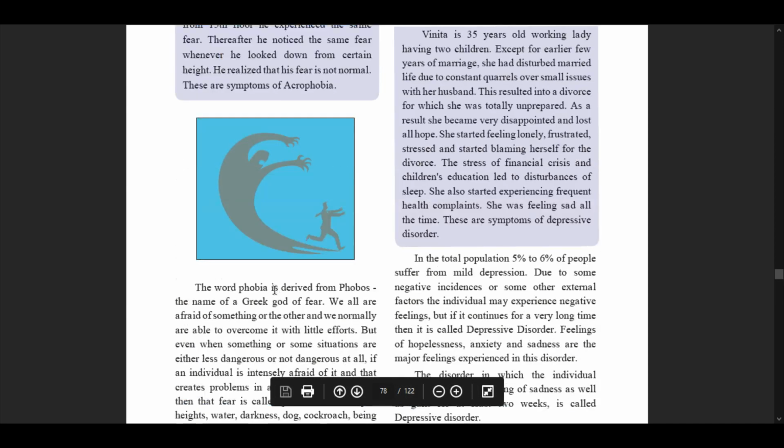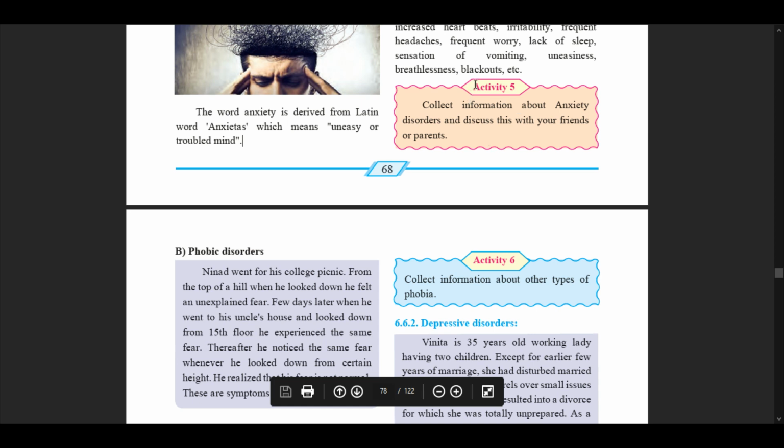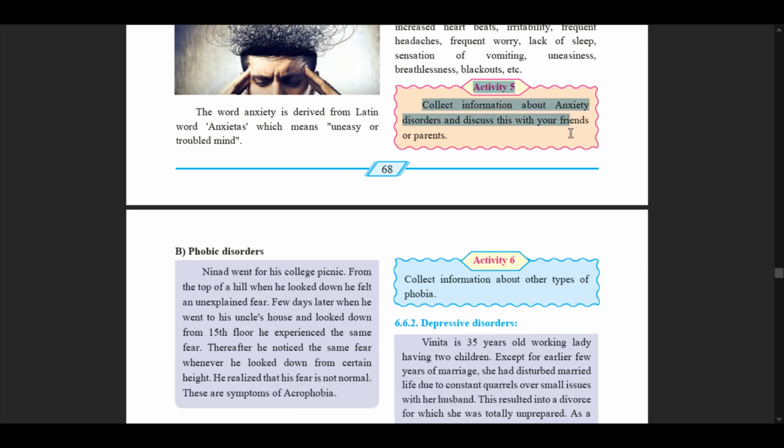Before that, I'll just put some light on the activities that have been given. Activity 5: collect information about disorders and daily disorders and discuss them with your friends or family. You know what to do: first get information from your friends and parents, then relay this information to your faculty and get an accurate answer.